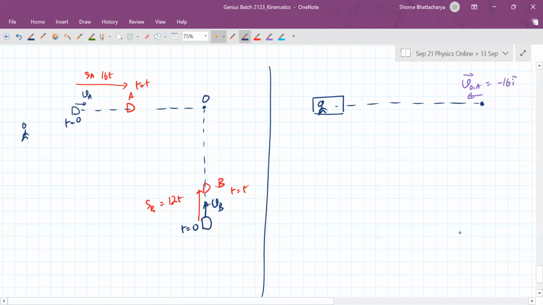And what he's also observing is that the car B, which is initially over here, is moving in this sort of direction. Try and get this a little more.